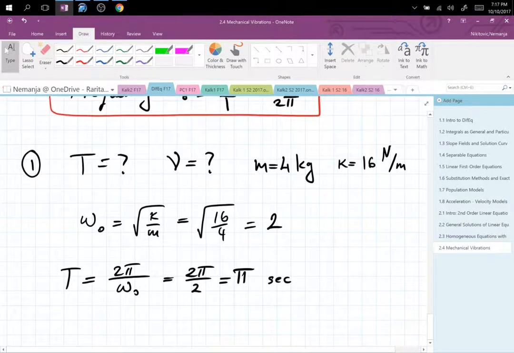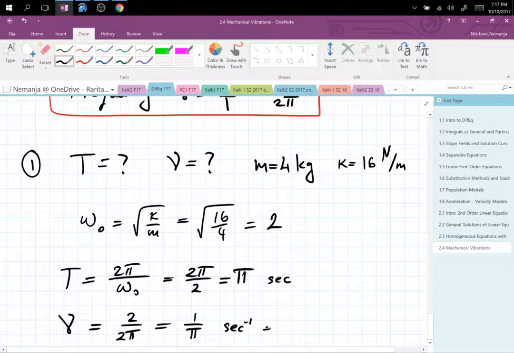And then the frequency, nu, is going to be omega 0 divided by 2 pi, which is 1 over pi. Now that is second to the minus 1, which is hertz. So that's what hertz is, if you now think about your processors in computers. If they work on a cycle that is 2 gigahertz, gigahertz is 10 to the 9.